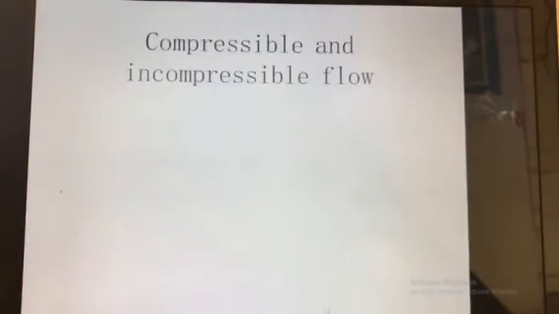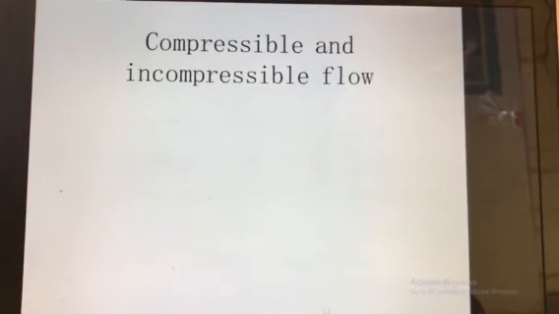Now next is compressible and incompressible flow. So what is compressible and incompressible? Compressible means the density of the fluid changes from point to point. The flow is compressible means its density, which parameter is changing here?